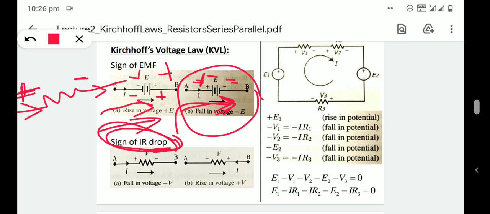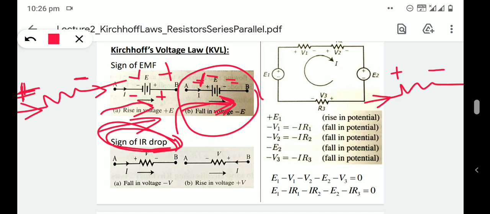This is the rule that you should always keep in mind. This is how we fix plus and minus for a resistance.